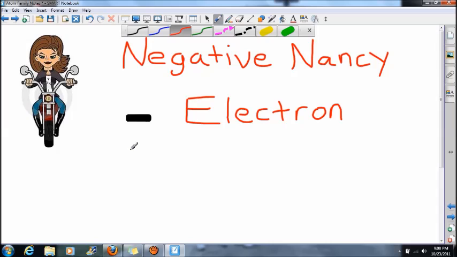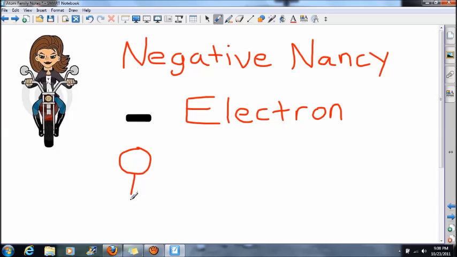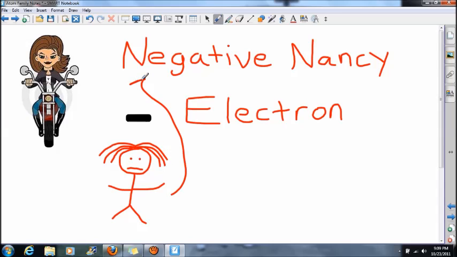Next to your notes on electrons, go ahead and draw just to remind you, a female stick figure to represent negative Nancy. Now remember, she's negative, so we're going to give her kind of not smiling there. And you want to give her some long hair. Negative Nancy. Let's see, label her that.